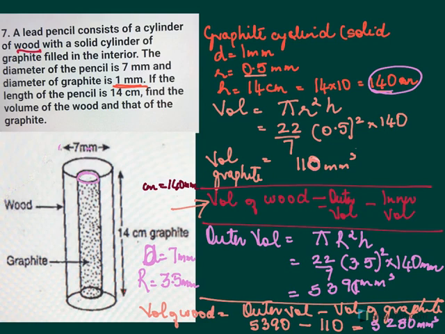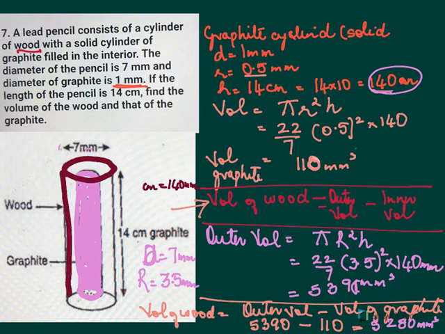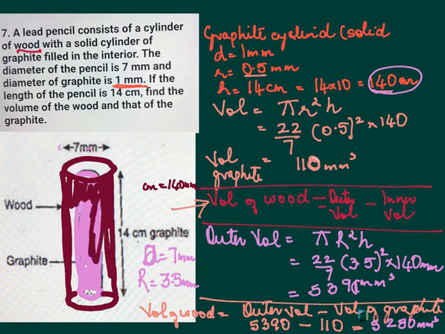So here, in the sum, first we found the inner volume. This inner volume we found out, that was the graphite, which was a solid cylinder. Everything was given quite directly. The radius was given, the height was given, and we found this inner volume. Now, to find the outer volume, we found this entire cylinder, this whole pencil, pi r square h, volume of this entire pencil.